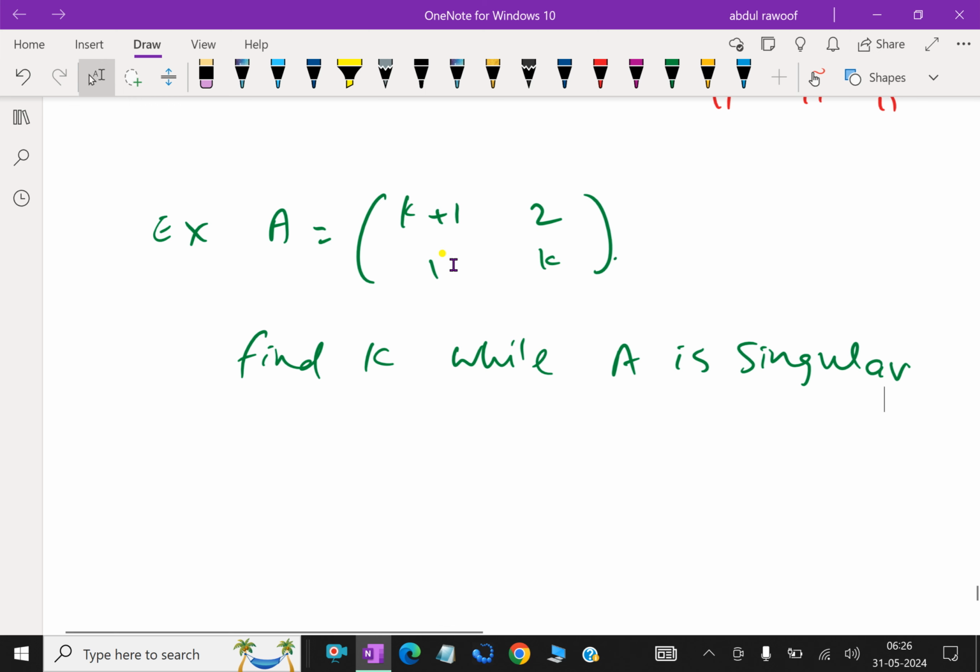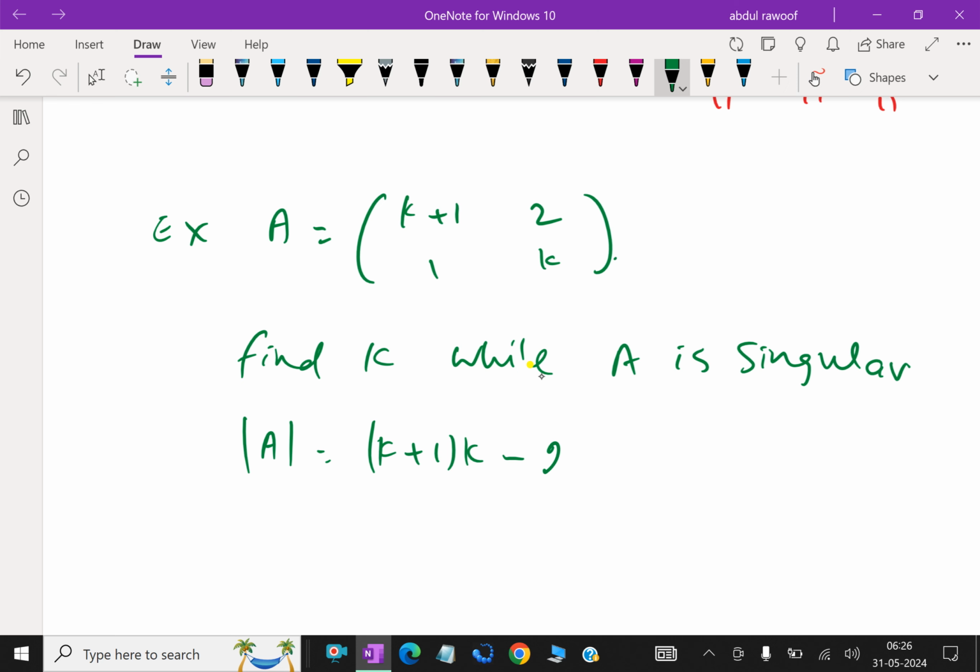That means here we have to find determinant A equal to k plus 1 into k minus 2 into 1, that is 2.